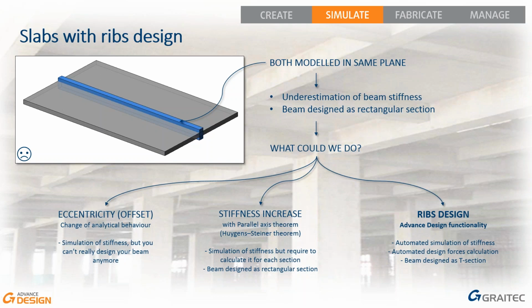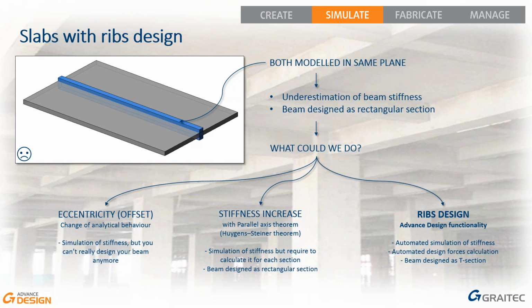The first one is the eccentricity, where you just change the analytical behavior of your beam. You offset the beam, and it's fine for the simulation of the stiffness. But actually, you can't design your beam anymore with the beam engine because you change the design efforts. I will talk about it in the next slide.